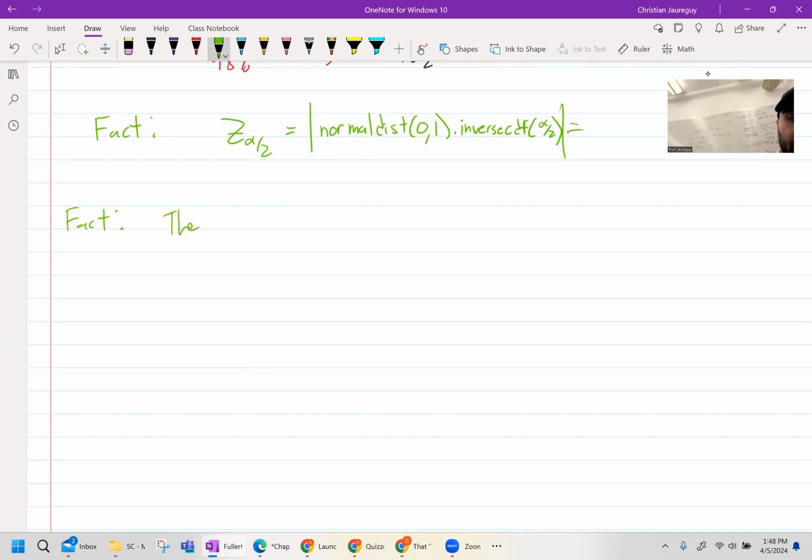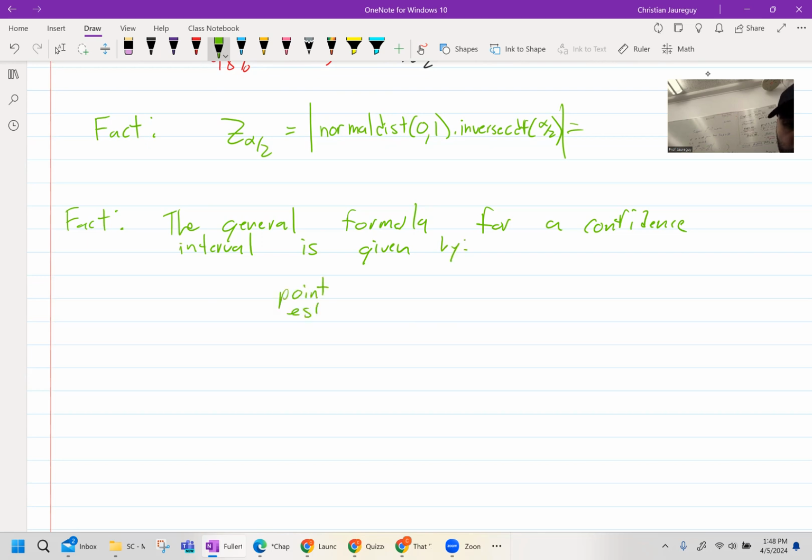The general formula for a confidence interval is given by the point estimate, the initial guess, plus or minus your margin of error.